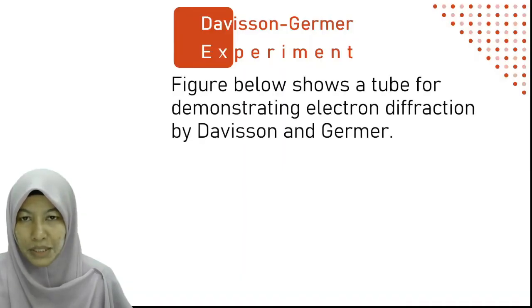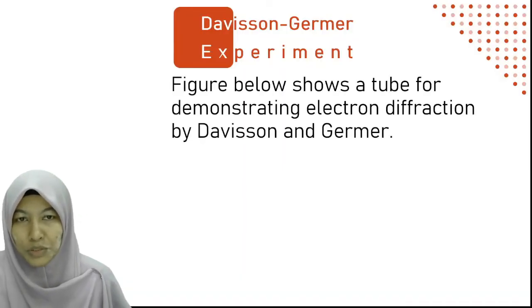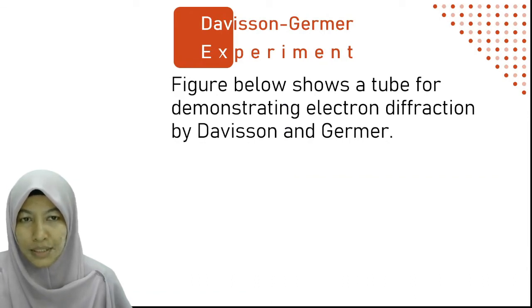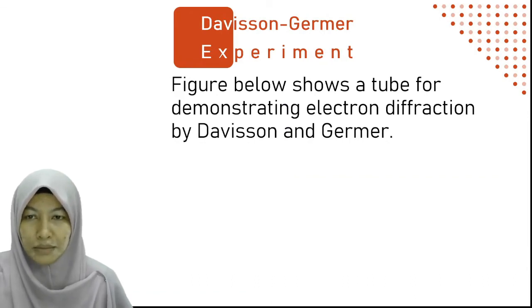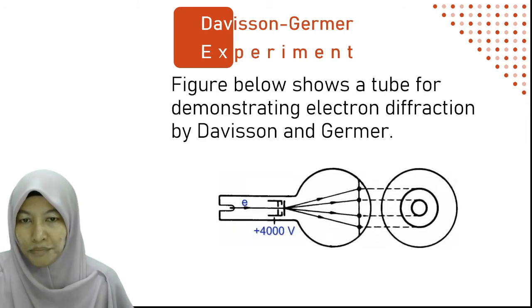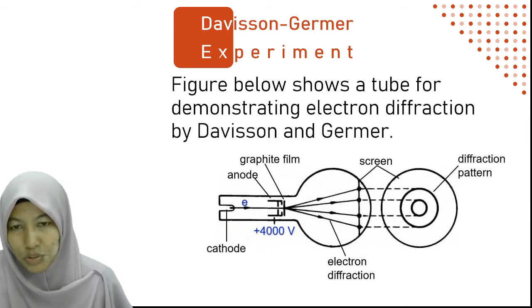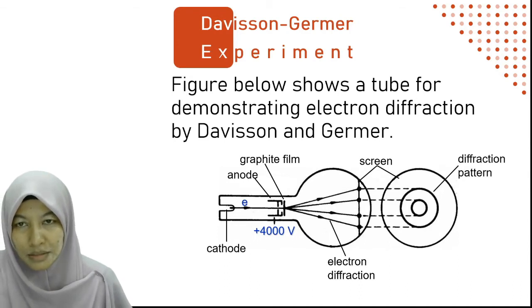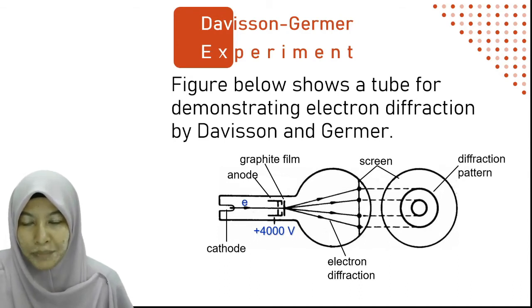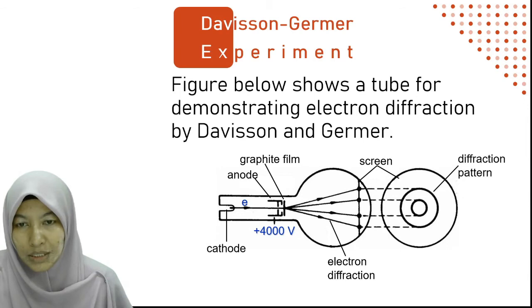Davisson Germer experiment. The figure below shows a tube for demonstrating electron diffraction by Davisson and Germer. Dekat gambar rajah di bawah, kita boleh lihat di mana kita boleh consider untuk tiga bahagian.